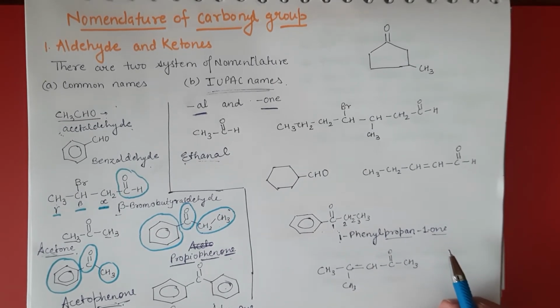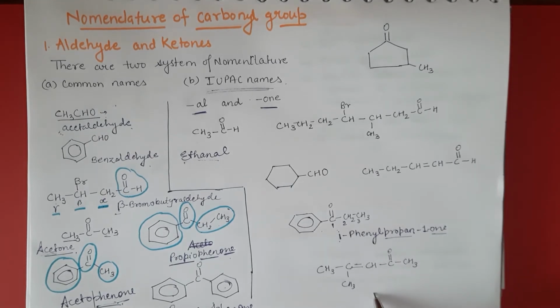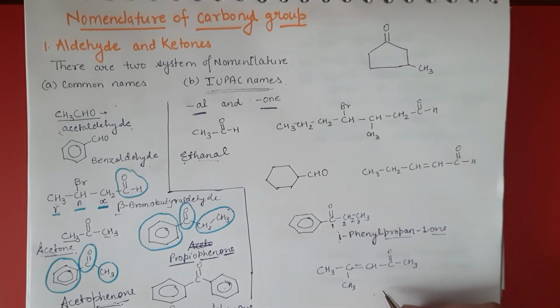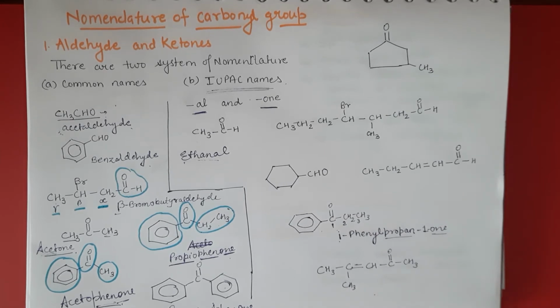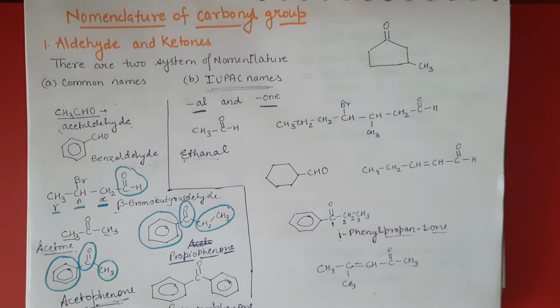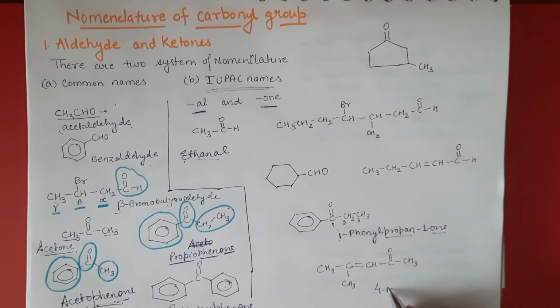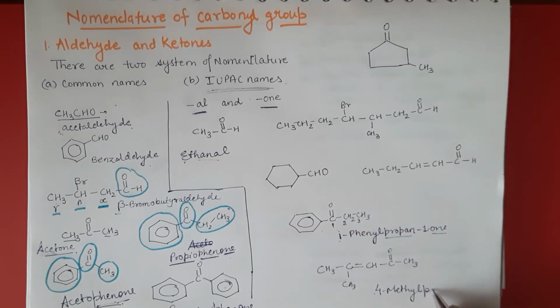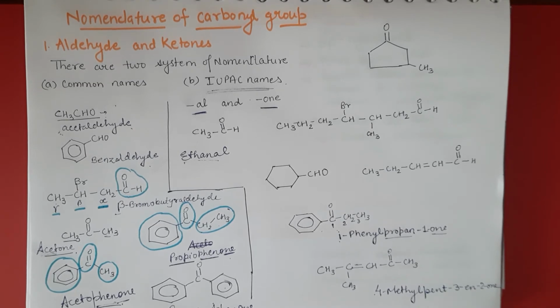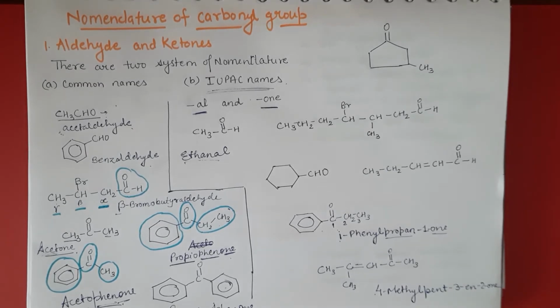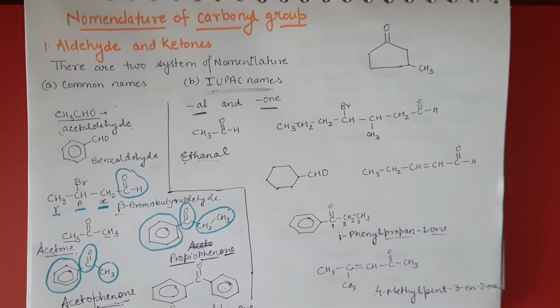Again, if you write the nomenclature of this compound, we call it as what? Just try this compound. 4-methyl pent 3-ene 2-one. Okay, so how is this nomenclature?